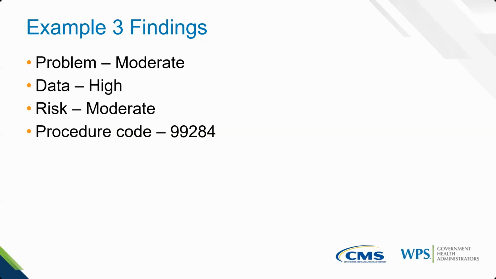For the data, we had this one as high. We do have an independent historian. And based on the documentation, the fact that the patient was confused for approximately 30 minutes after the relative found them really means that the practitioner needed that additional information from that independent historian.